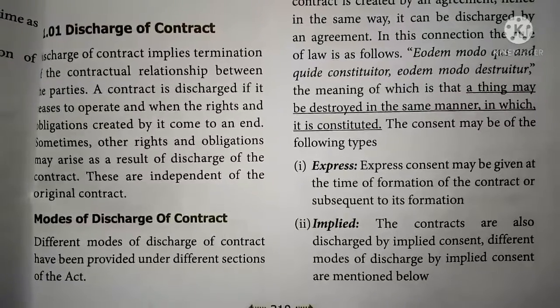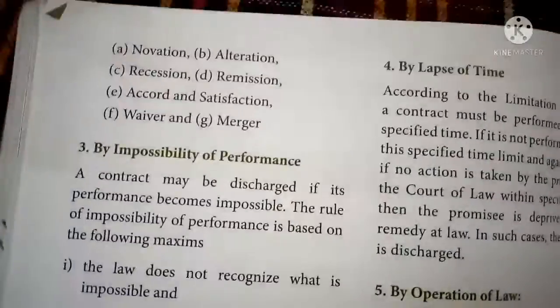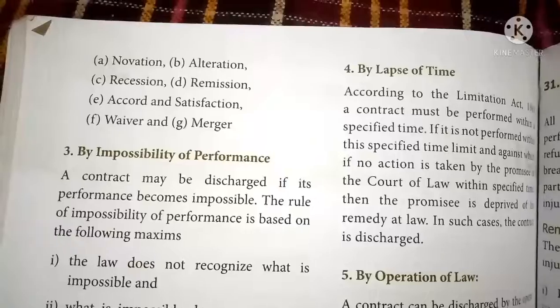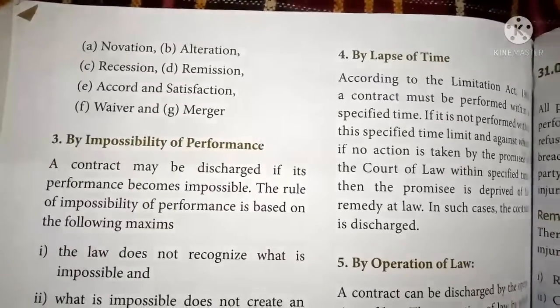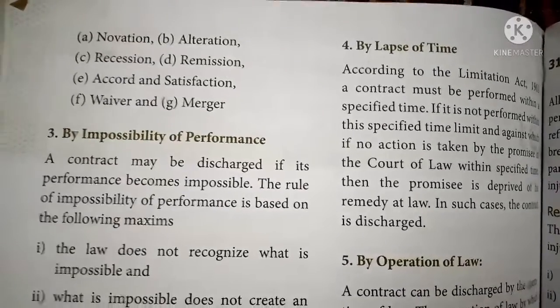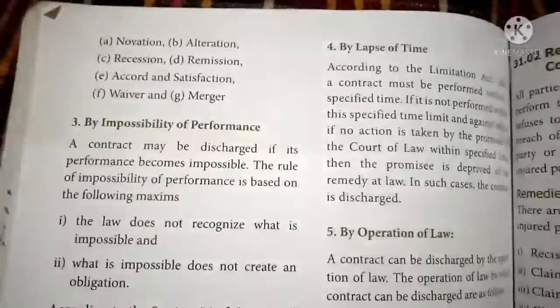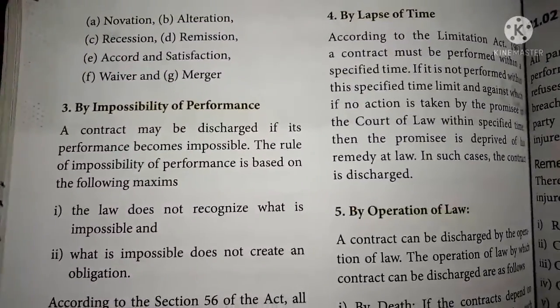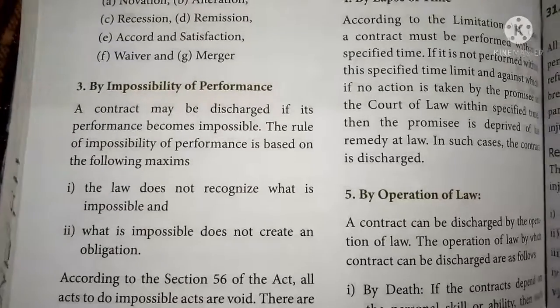Different modes of discharge by implied consent are novation, alteration, rescission, remission, accord and satisfaction, waiver and merger. So by these ways we can discharge the contract with implied consent.